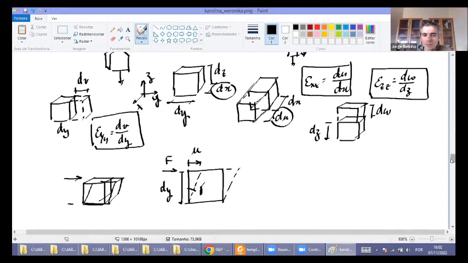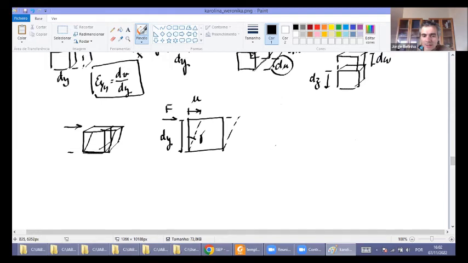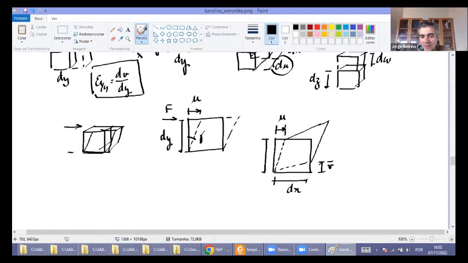So let's complicate the drawing and force our cube to distort simultaneously in two directions, like this. Here you have a u, and here you have a v. This side is dx, this side is dy. And here you have gamma over 2, and here also. It is the sum of these two gammas that gives you the full gamma, the full distortion.